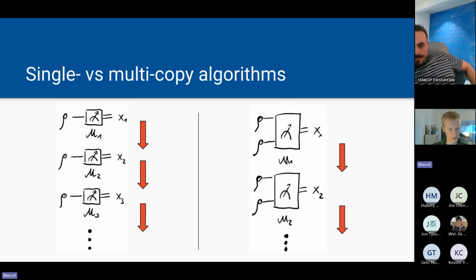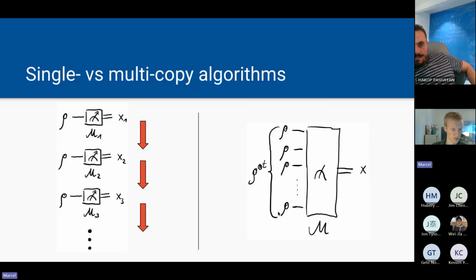So this is already a multi-copy measurement, but it's just a two-copy measurement, I would call it. The most general thing that you could do is take all the copies that you have available as an input to the problem and apply some gigantic measurement across all of them, then just get a single outcome and do some processing.